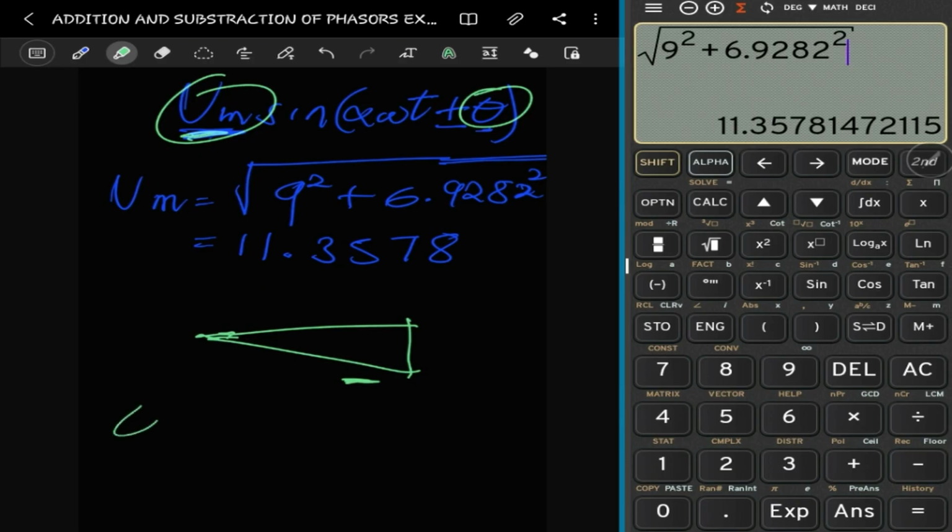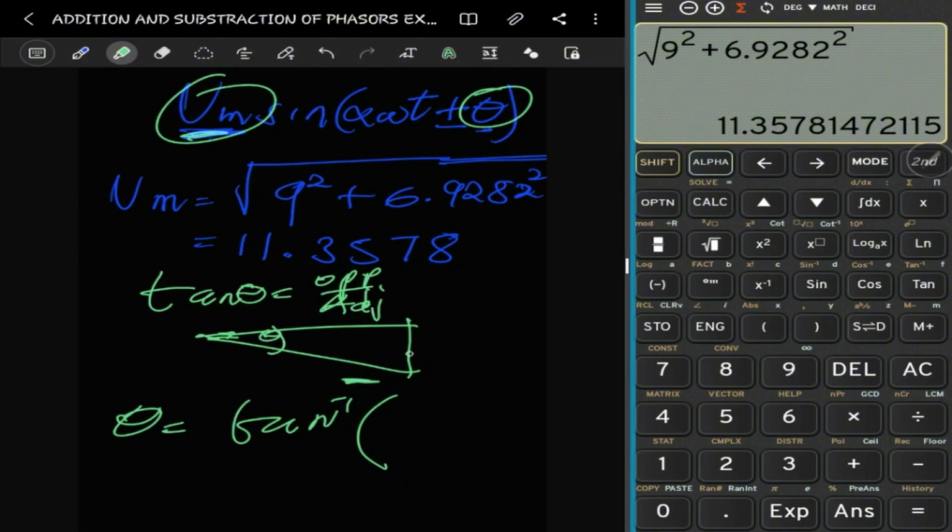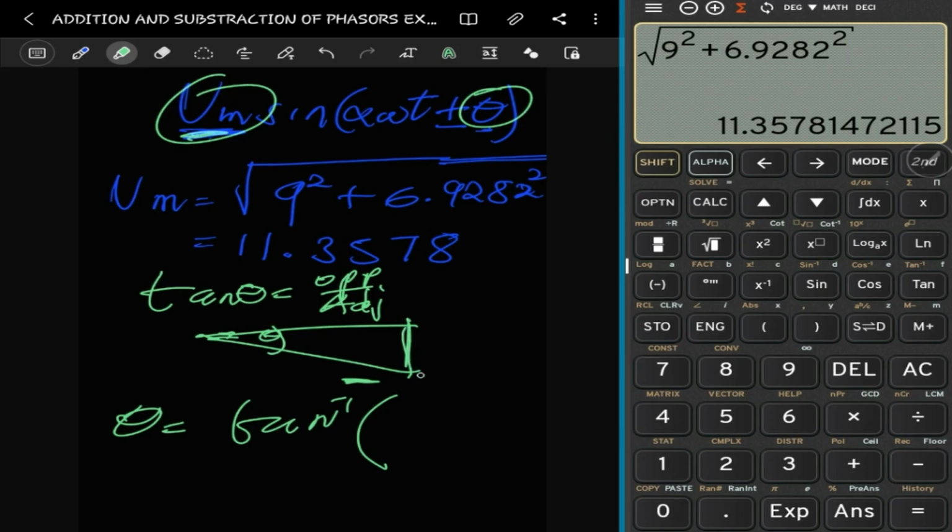So if you're trying to find the theta or the phase angle, that's tan inverse. Usually tan theta is opposite over adjacent, right? So the phase angle will be here, and the opposite that we're looking for is this, and that's basically the y.